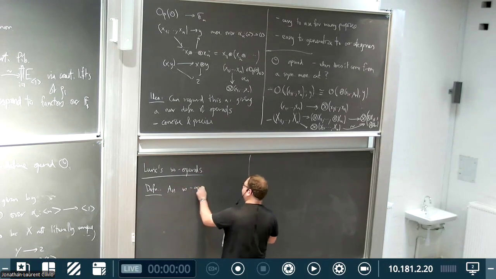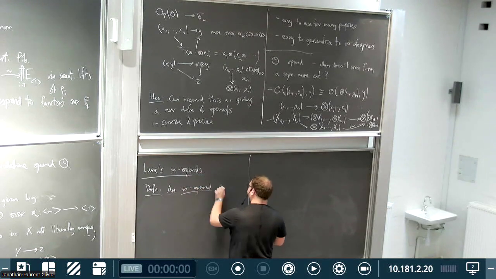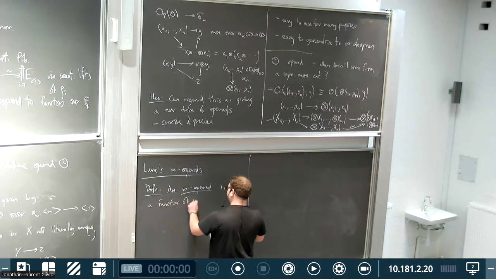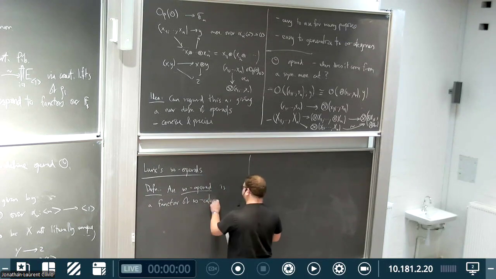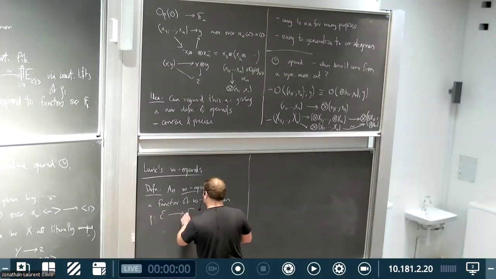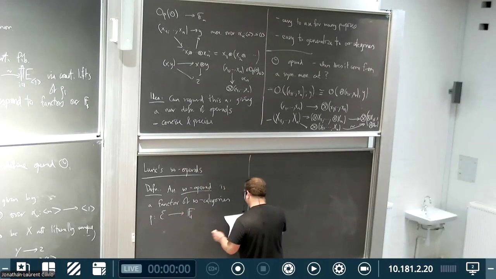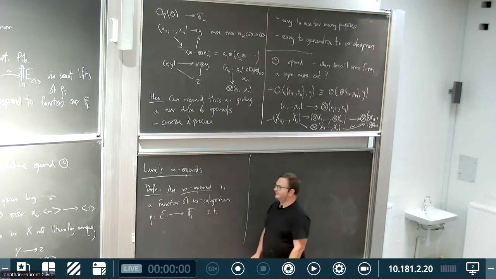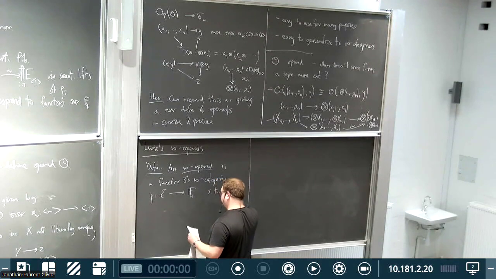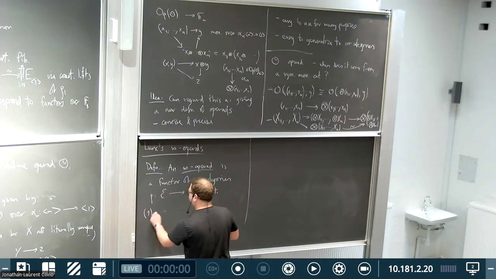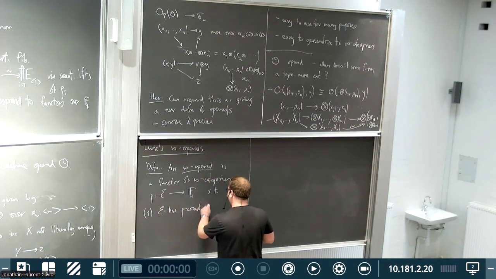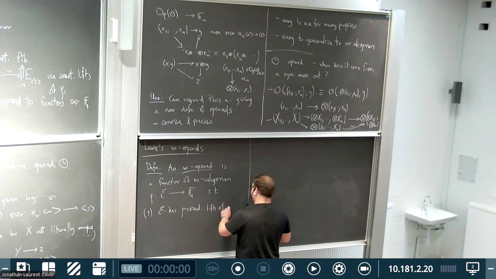In the operad, it's a functor of categories, such that we have the analogs of the conditions. One, every morphism has co-Cartesian lifts.